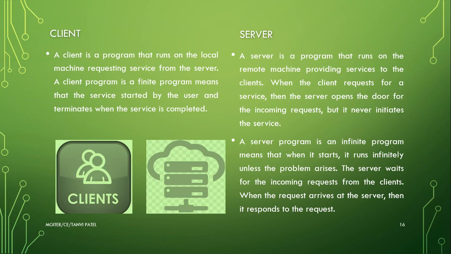A server program is an infinite program, meaning that when it starts, it runs infinitely. The server waits for the incoming request from the client. When the request arrives at the server, it responds to the request.